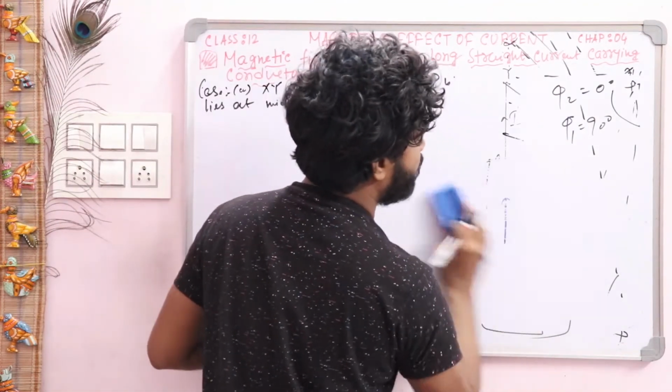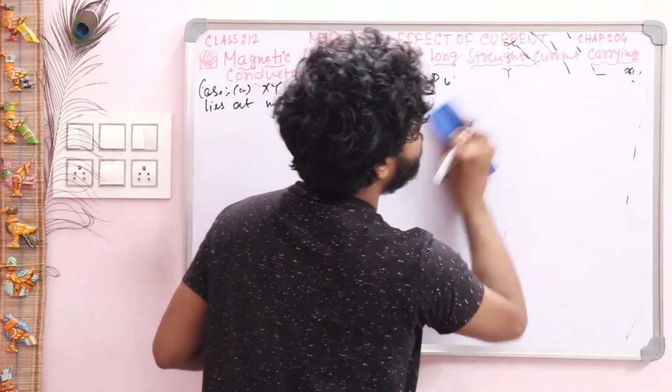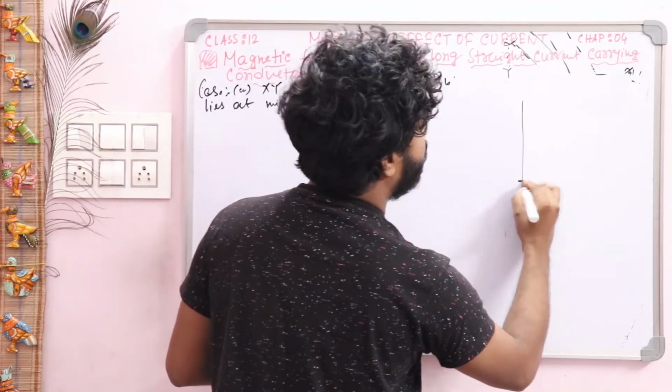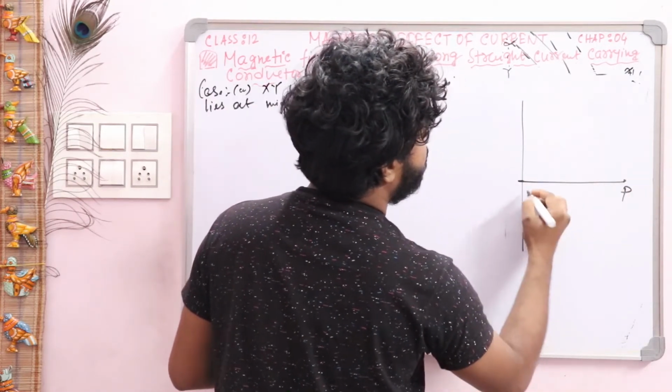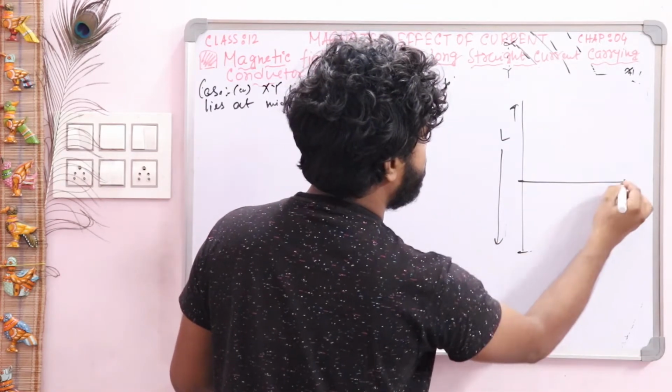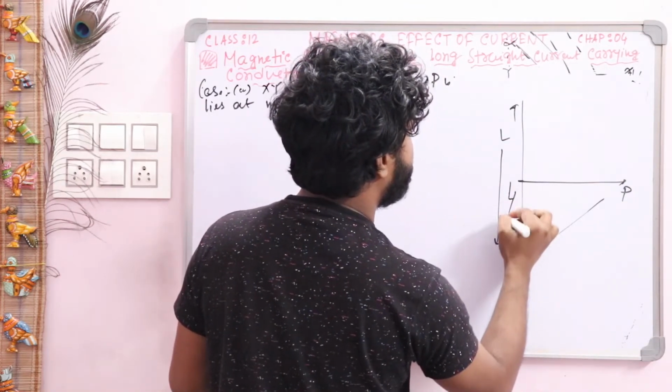So for this case our figure will be like this. There is a finite length and the point P lies in the middle. So the total length is L, and up to this portion the length is L by 2.